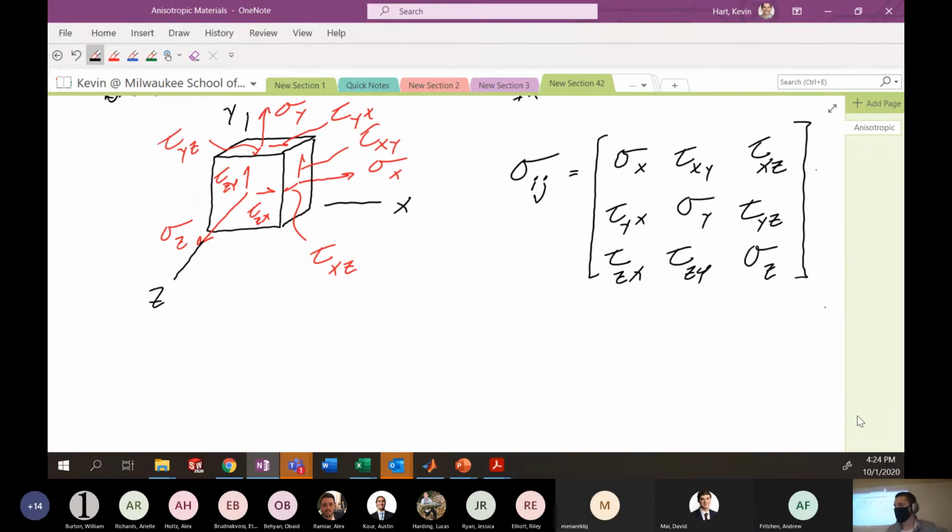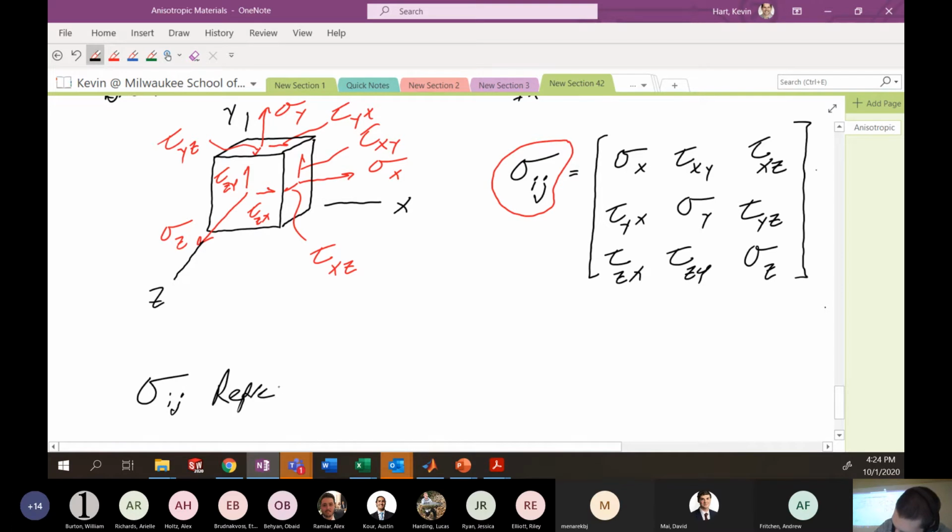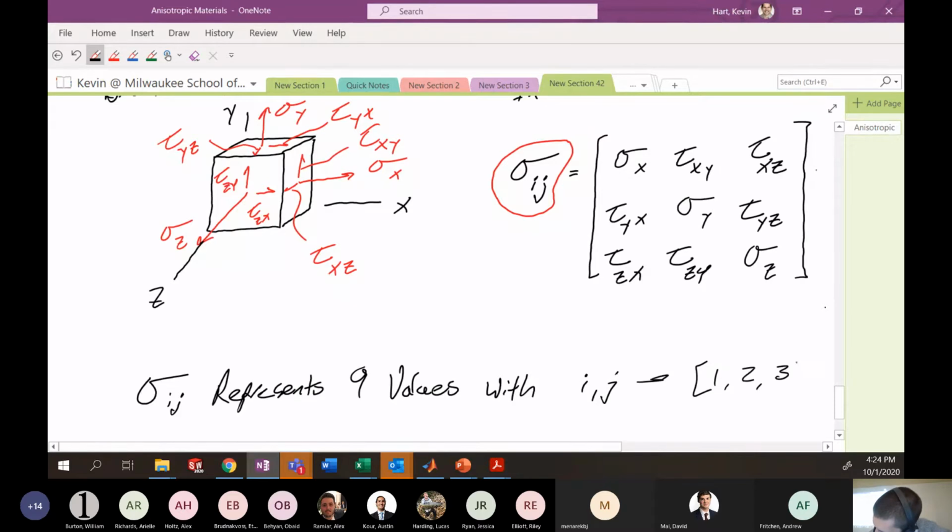All right, so here, this sigma ij, this is a form of indicial notation, all right? Where this actually represents 9 values, with i and j both ranging from 1 to 3.